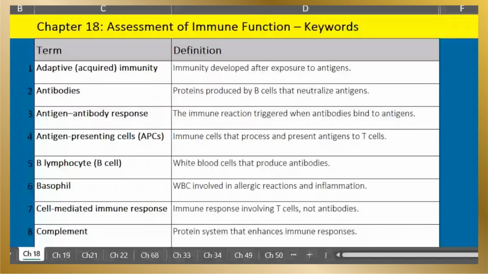Hi, we now have Chapter 18, Assessment of Immune Function keywords.